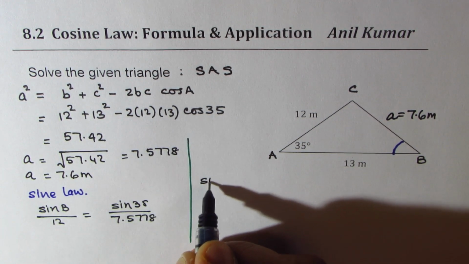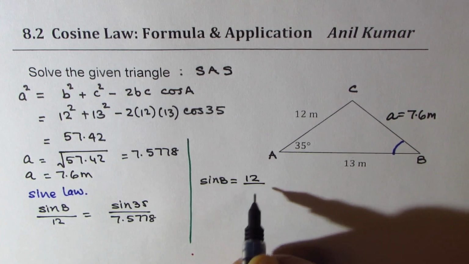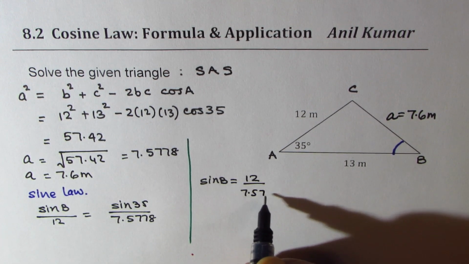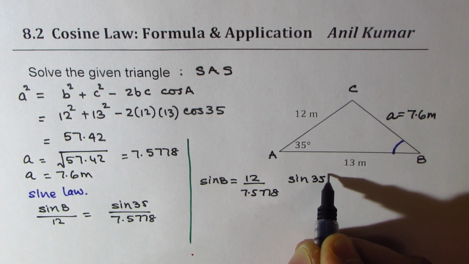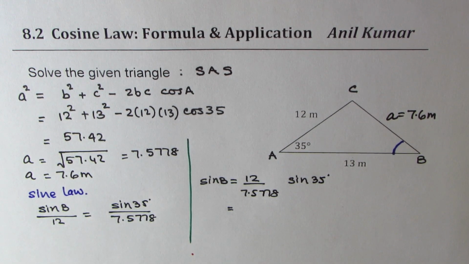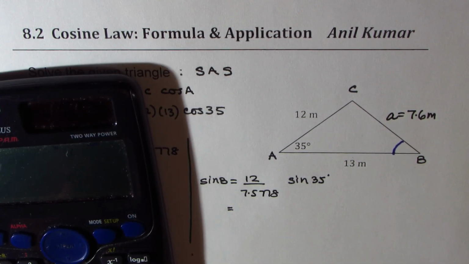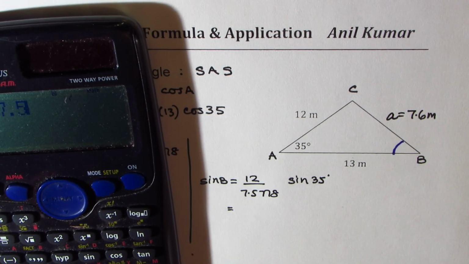Now cross multiply to get the result. So we have sine of B equal to 12 over 7.5778 times sine of 35 degrees, right? So let's calculate. We have 12 divided by 7.5778 times sine of 35 degrees.